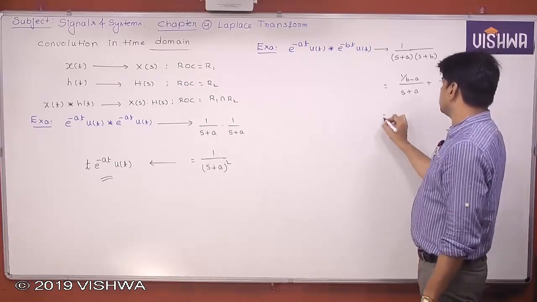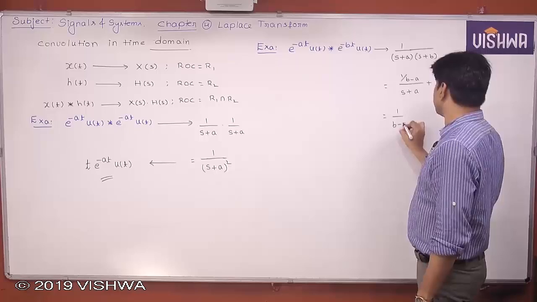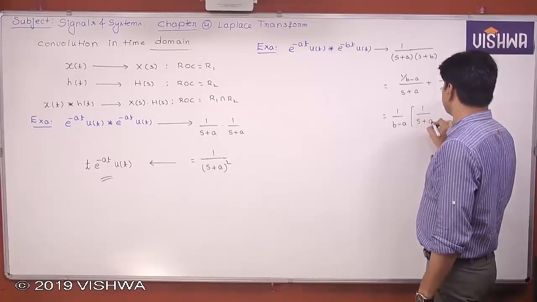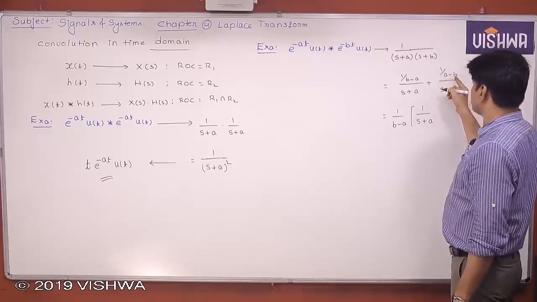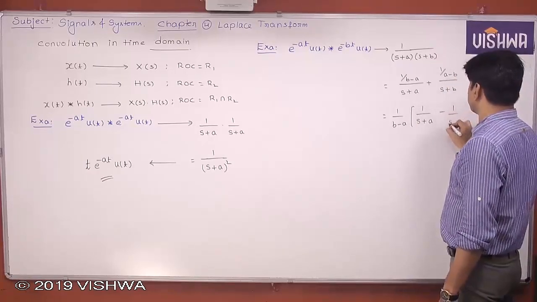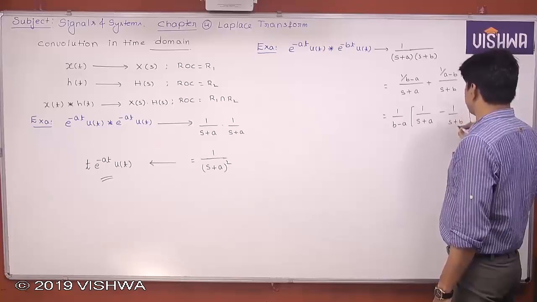If I take 1 by (b minus a) common, then what we are left with is 1 by (s plus a). Here it is 1 by (a minus b), but we have taken common 1 by (b minus a), so we are left with a minus sign, 1 by (s plus b). So this is what we are going to get.